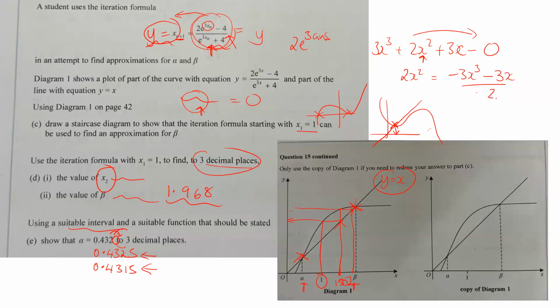And then I could divide that by 2 to get rid of that, and then I could take the square root, and I would be plotting an x with that and seeing where they meet rather than where the original cubic hits the x-axis. So for any iteration formula, you make x the subject, and then you choose a starting value as an estimate of the root, probably because you've plotted the graph and you can see where the two meet.